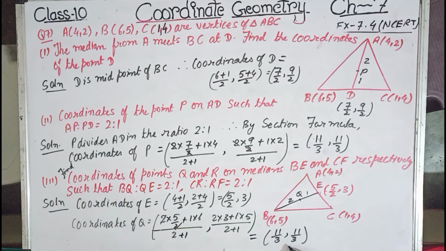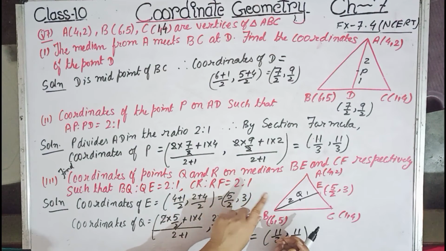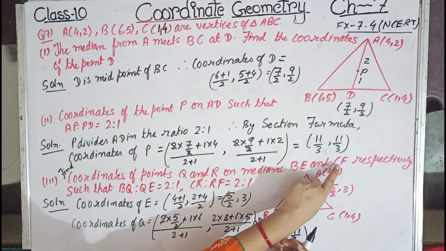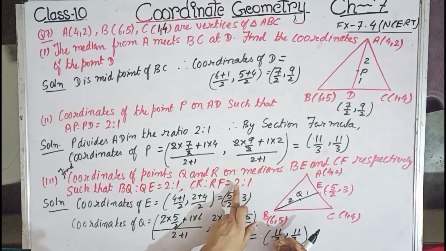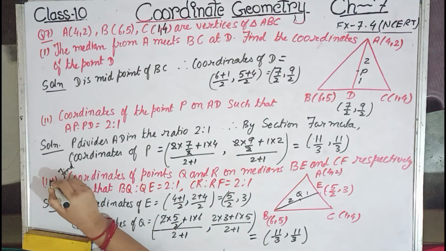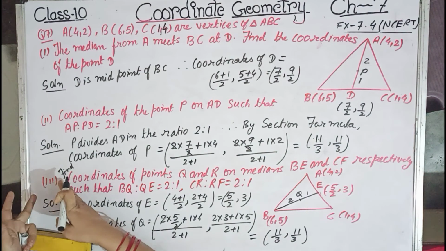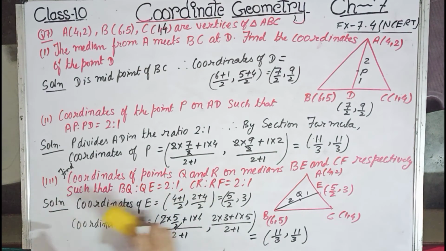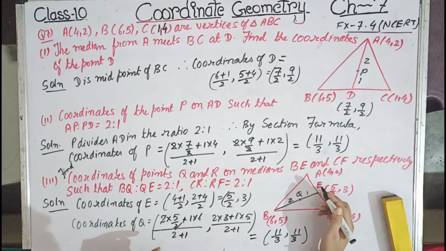Now the question is also asking to find the coordinate of the point R, where R is a point on the median CF which is dividing the median CF in the ratio of 2 is to 1. So here only I am doing subpart number 3, the second part, by drawing this figure.